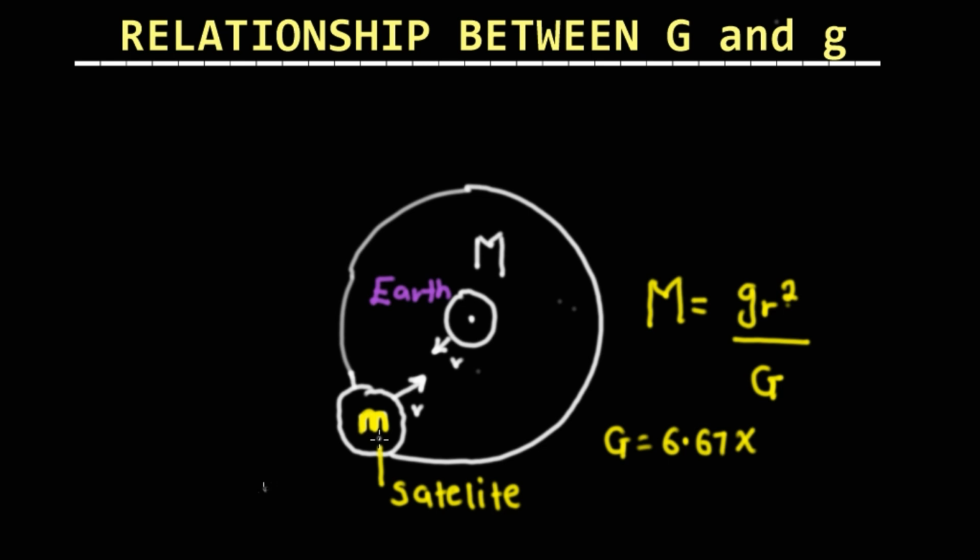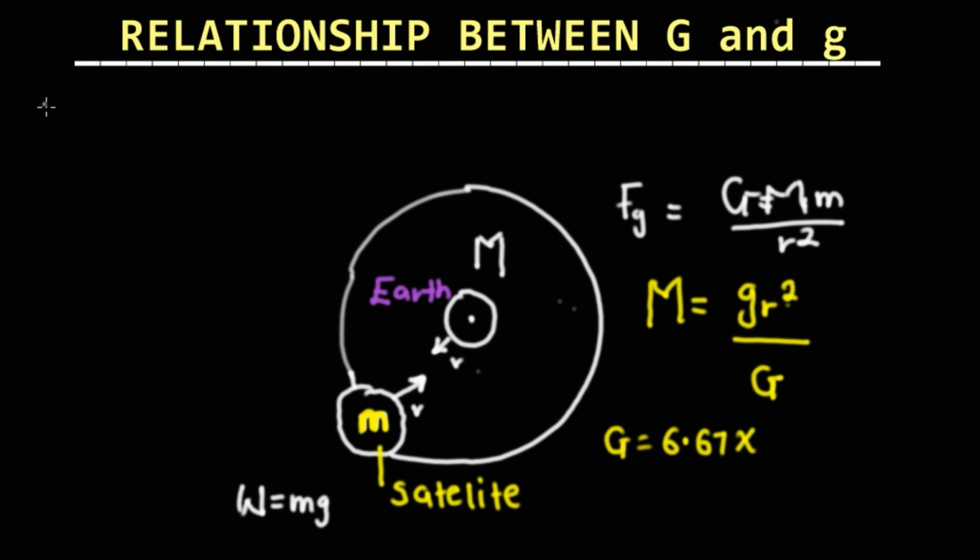Let's assume this satellite has a weight equal to mg, exerted towards the Earth. And we know that the gravitational force between the mass of the Earth and the mass of the satellite is given as G times the mass of the Earth times the mass of the satellite, over the square of the distance between them, as derived.